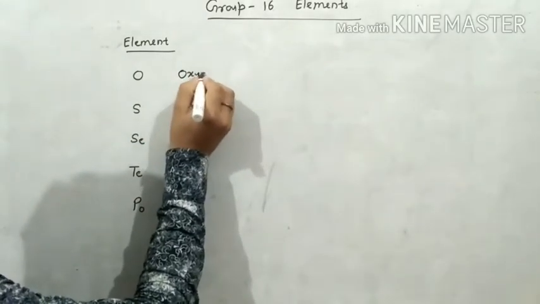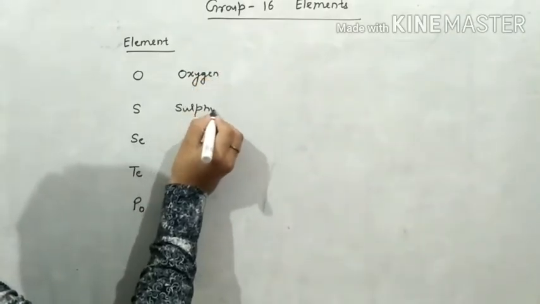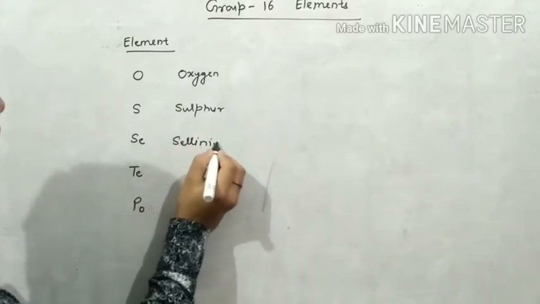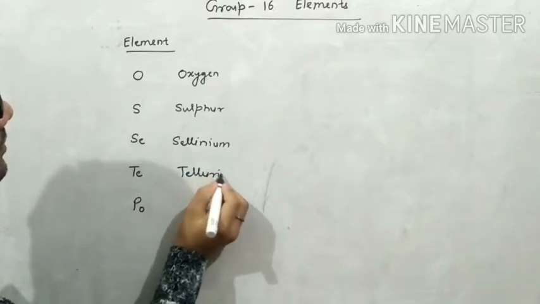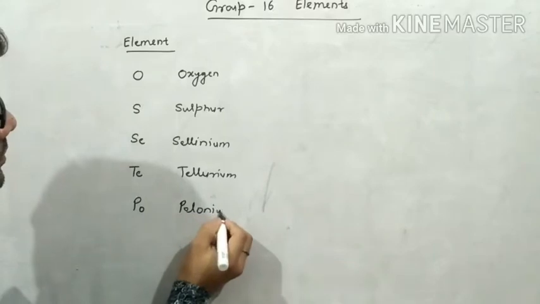O indicates oxygen, S indicates sulfur, Se indicates selenium, Te indicates tellurium and Po indicates polonium.